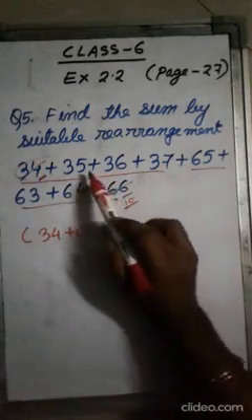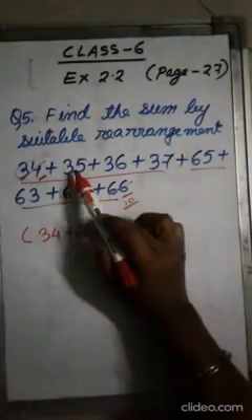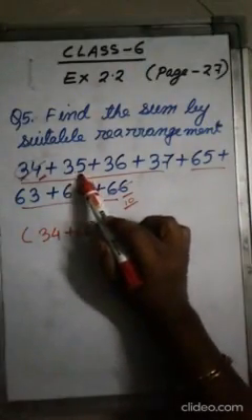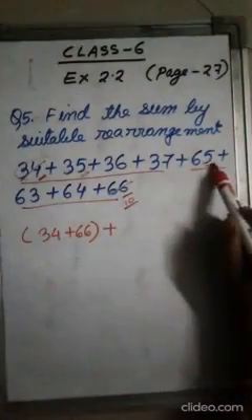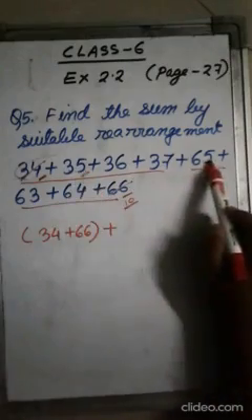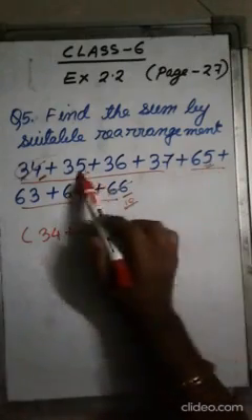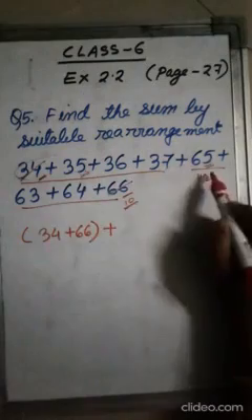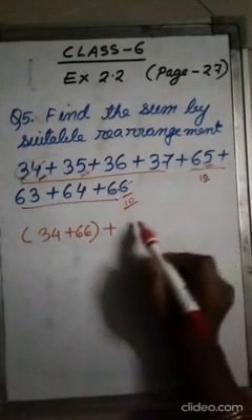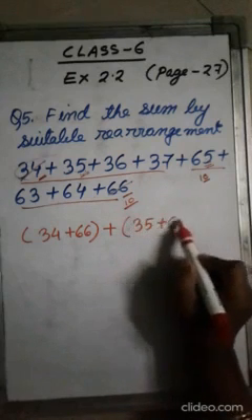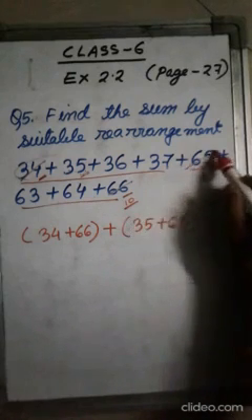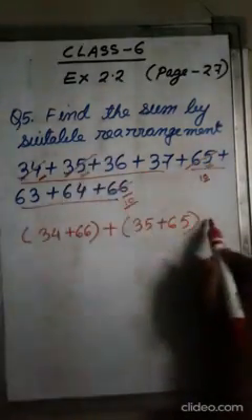Plus, again you see from this group and from this group, 35 and 65. The last digits are 5. 5 plus 5 is again 10. So make 35 and 65 one group. So these two numbers are also gone.